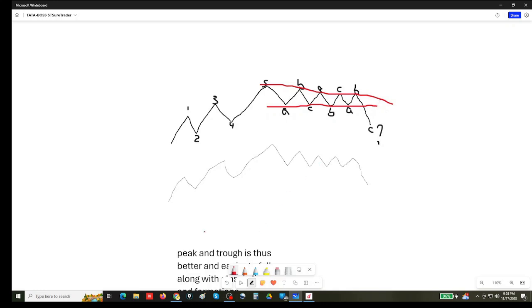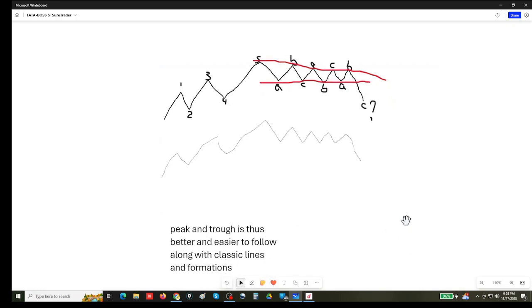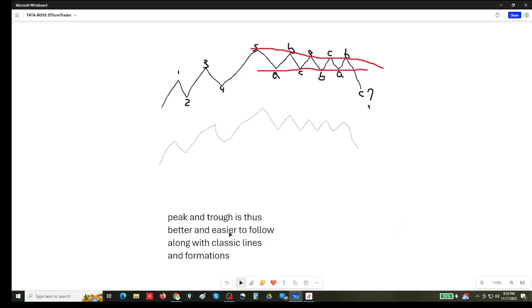What's more is the peak and trough. I like using peak and trough because going back to 1997, long before I even had access to the internet and long before I knew about technical analysis, this was the first thing I was using. So I think peak and trough is a better option to follow and much easier to follow compared to Elliott Wave.